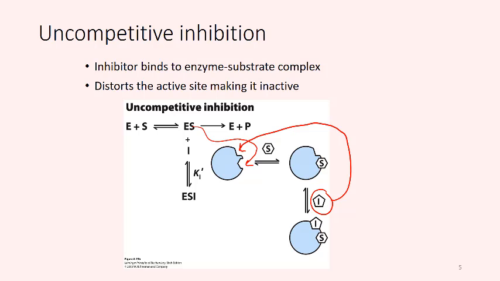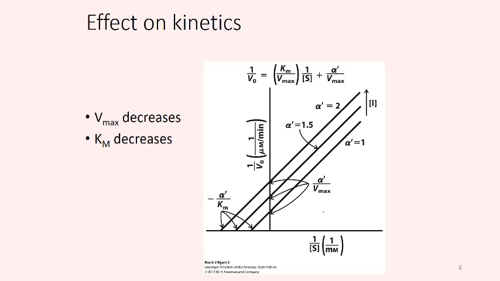Okay, all right. They can bind. Then what happens is once you have the substrate and the uncompetitive inhibitor bound, it temporarily knocks the enzyme substrate complex out of commission, and it can't do chemistry anymore. So if we look at the effect on kinetics, the Km is decreasing.